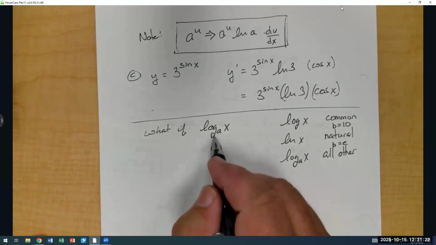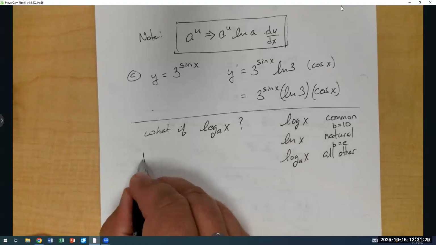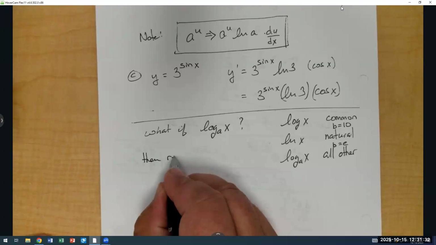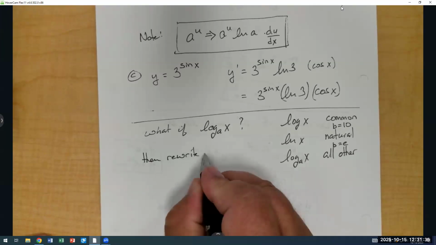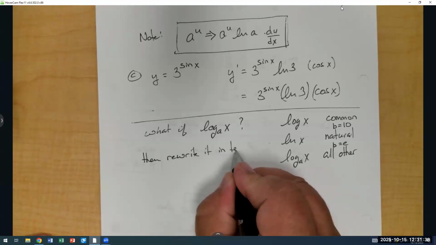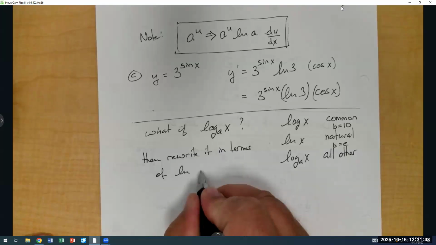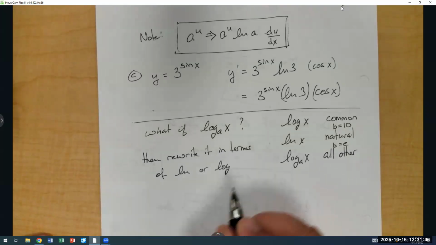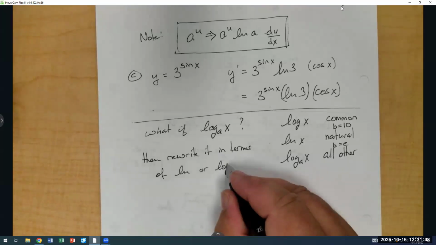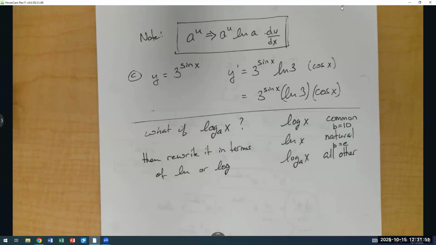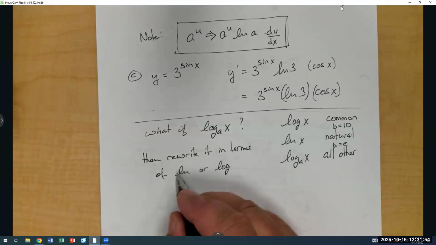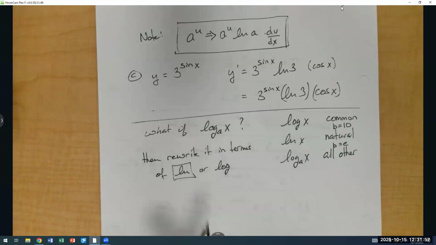Now, if this is the case, then rewrite it in terms of ln or log base 10. Typically, ln is the easier one to deal with because it's log base e, and taking derivatives of e and ln are just much easier.